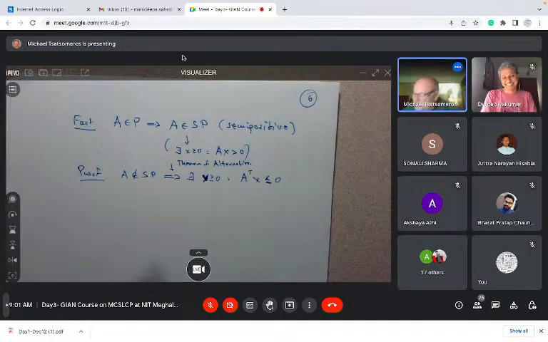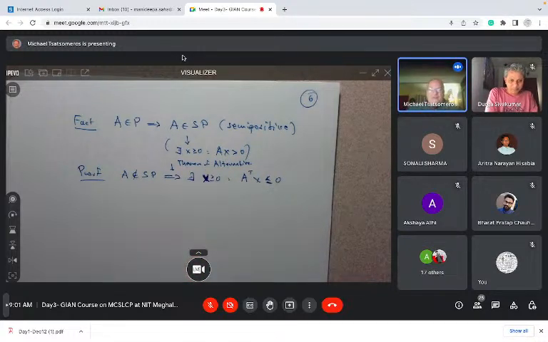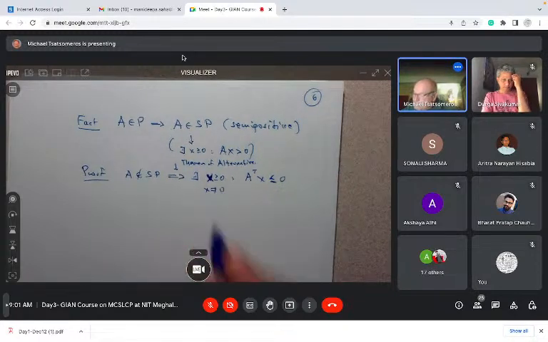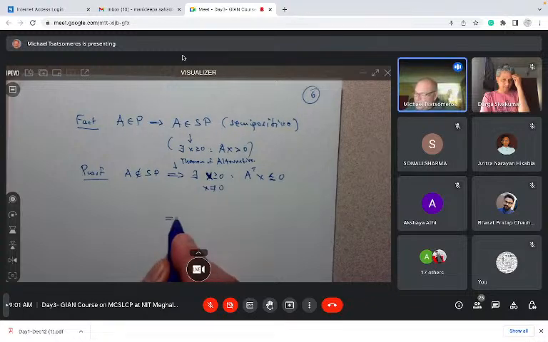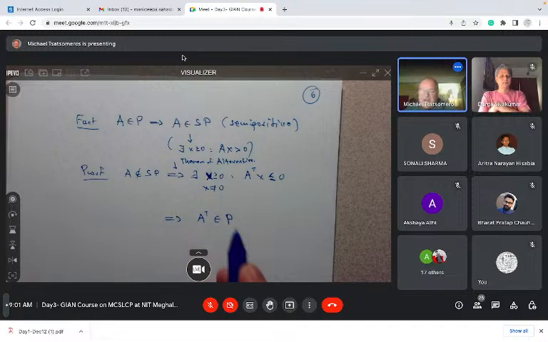So if A is not semi-positive, it violates the definition of semi-positivity. It means A transpose reverses the sign of a non-negative non-zero vector. And that therefore implies that A transpose is not in P, right?